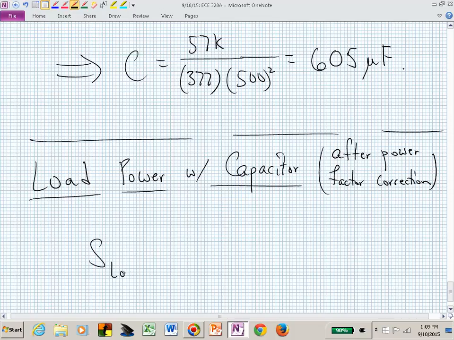Now we have, let's say, S load is S12 plus S cap.